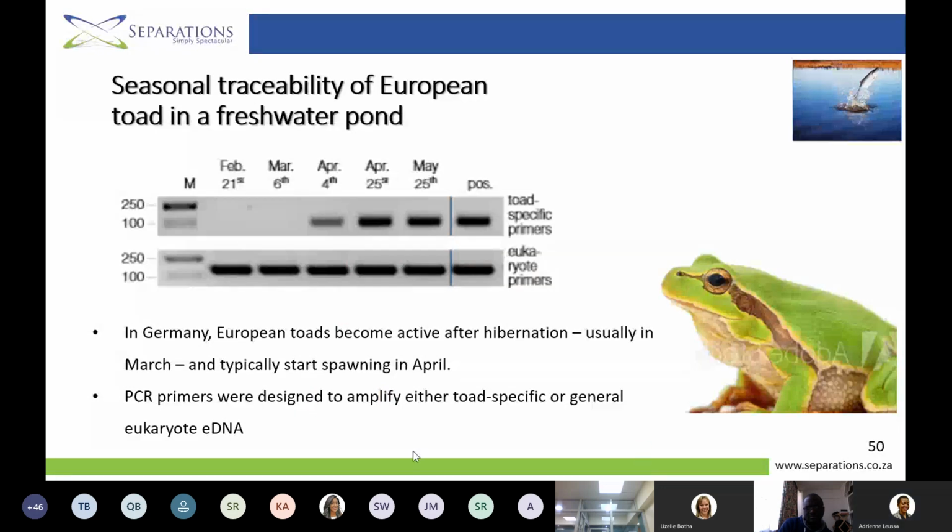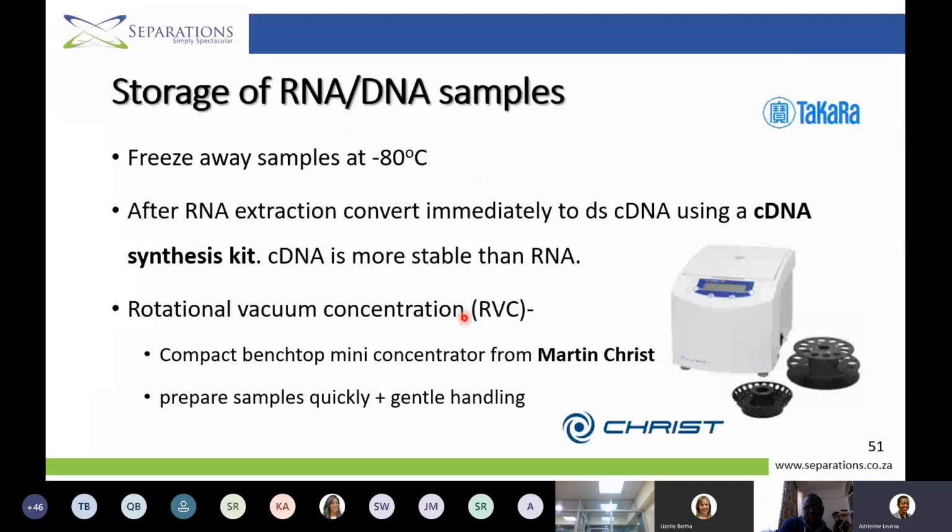Okay, so now we have our RNA and our DNA, and we want to proceed with storing away for future or downstream processes. And just generally people freeze away the samples, but also just take note that if you're working with RNA, it might be a good idea to convert into double-stranded cDNA, which is more stable, or also to use rotational vacuum concentration that will make your samples more stable over time.